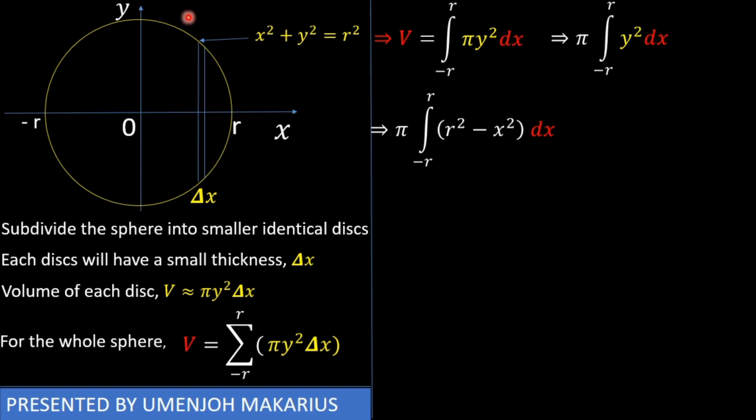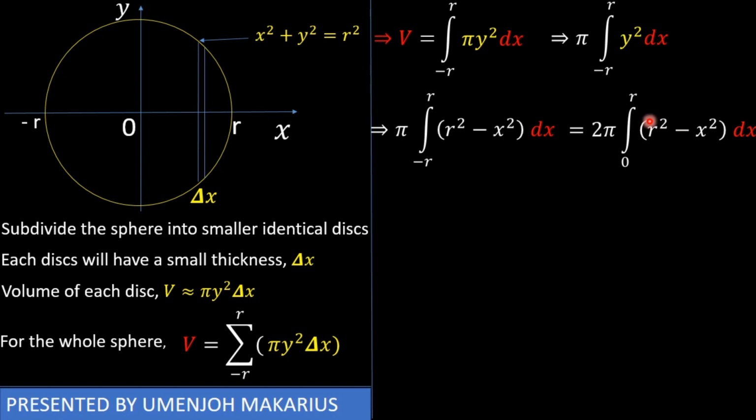So the integral going from a negative value to the positive of that same value of an even function is simply going to be 2 times that same integral, now going from 0 to r of r squared minus x squared dx. So friends, we have simply applied our properties of definite integrals, and most especially of even functions.